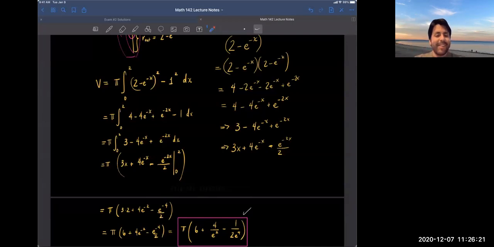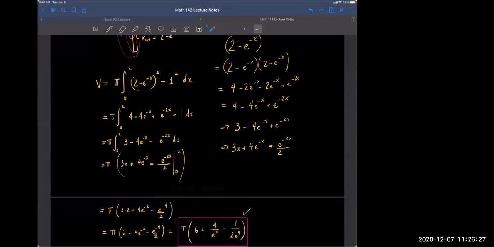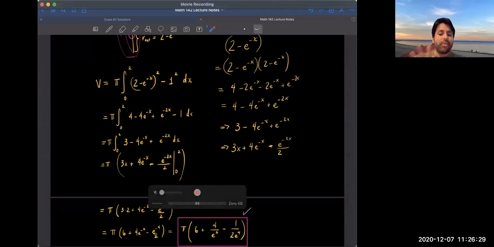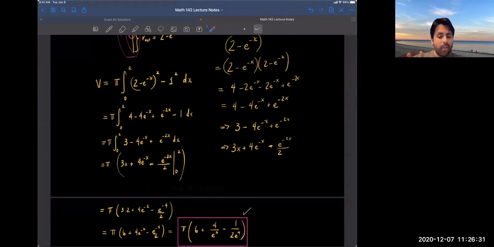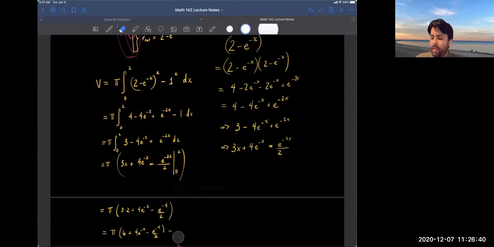And this is what I also assumed. But that's not true, so you have to be careful with that. That is the reason why the five halves doesn't appear.